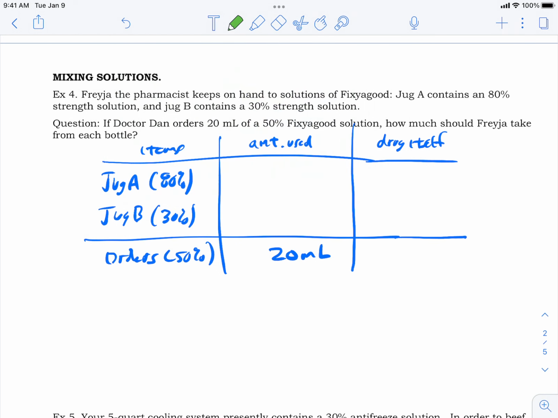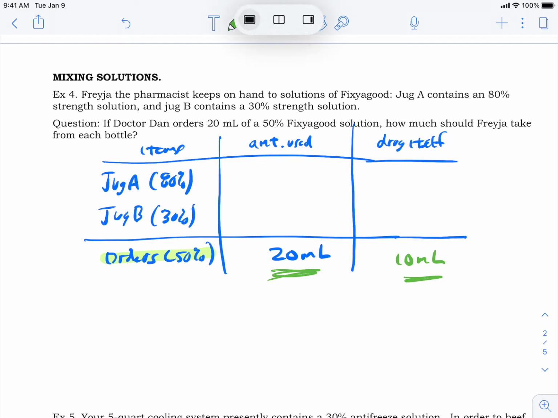Let's start trying to fill in the table here. Well, again, we can say 50% of 20 means we're going to actually have 10 milliliters of this drug. The 20 milliliters of liquid that you pour is half drug and half something else, half water, half whatever.